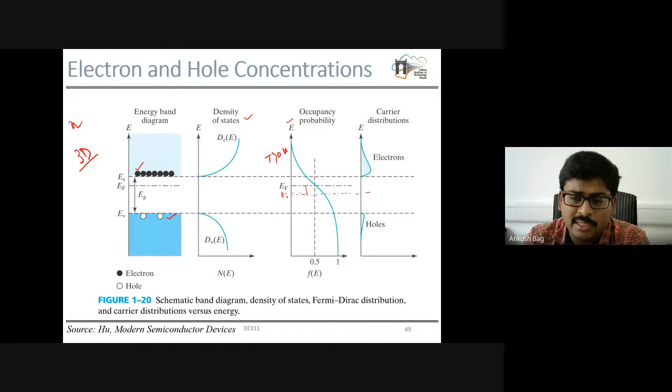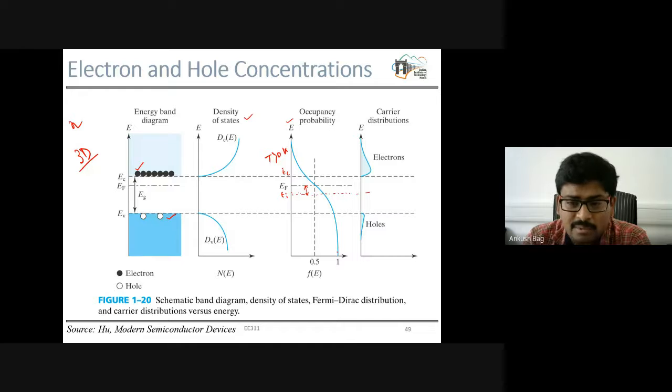The higher the energy difference between E_F and E_i, that means the closer your E_F is towards the conduction band bottom, then your overall semiconductor will be more and more n-type, meaning the electrons will be more and more.